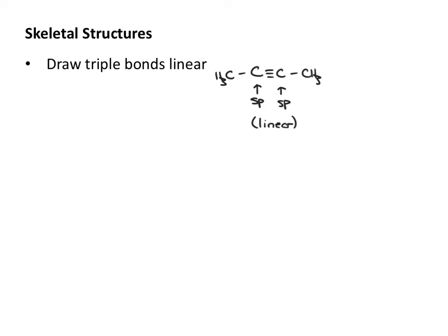So if I'm going to just draw this top structure, you might be tempted to want to do it like this and show your 4 carbons and put the triple bond there. Now that's sometimes accepted, but it's really not ideal. Instead, the way you want to draw this is completely linear. So I'll draw the triple bond and draw the CH3s coming off of that. And you know that these are carbons because that's a transition point between the single and double bond.